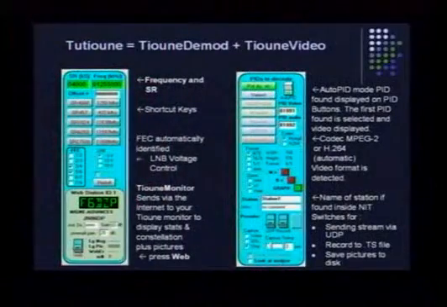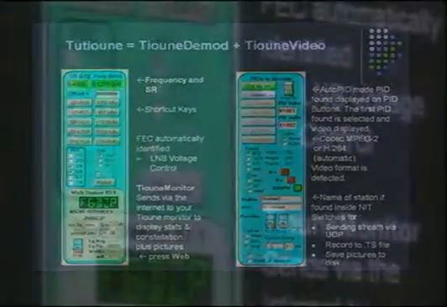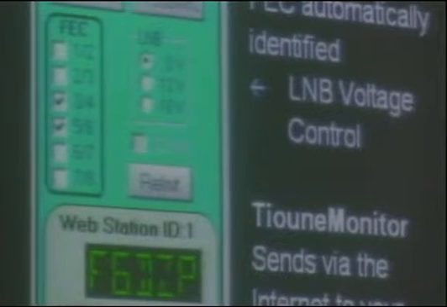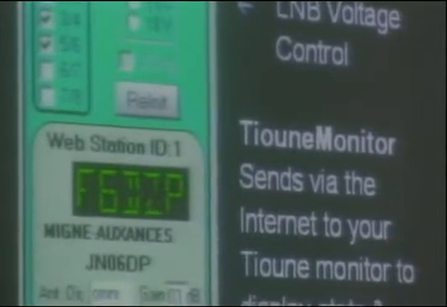Okay, you give the FR. There are shortcut keys to go quickly. The FEC, you don't give the FEC. You just say you can, because the STB 899 can always find the FEC itself. You never tell it the FEC is this.